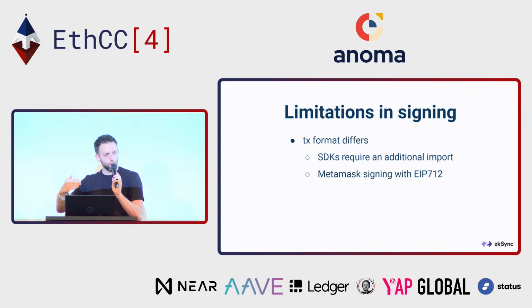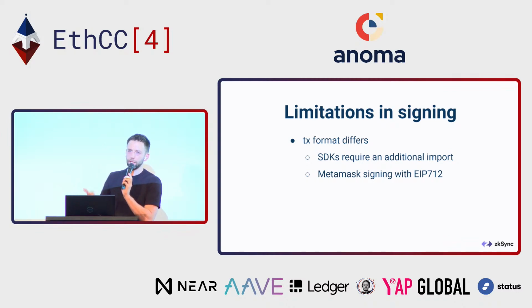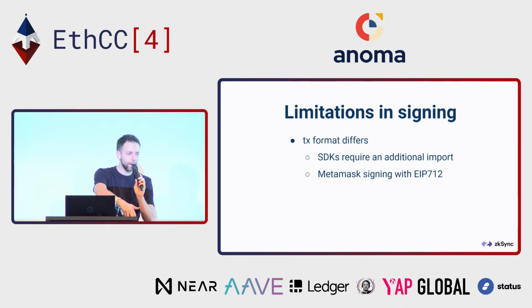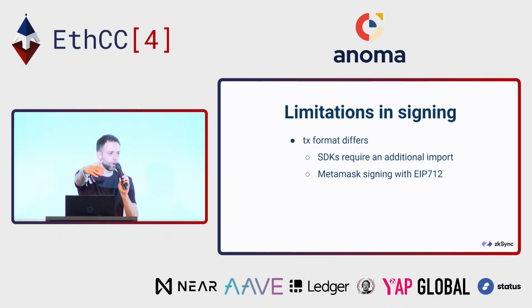And we need to add a few other metadata parameters which Ethereum doesn't have, because we support native metadata, natively timestamps, like validity timestamps. You can say this transaction is only valid for this many blocks. So this is all additional information which we need to pass somehow. So you need this intermediate step, but it's actually very easy to implement in your SDK.